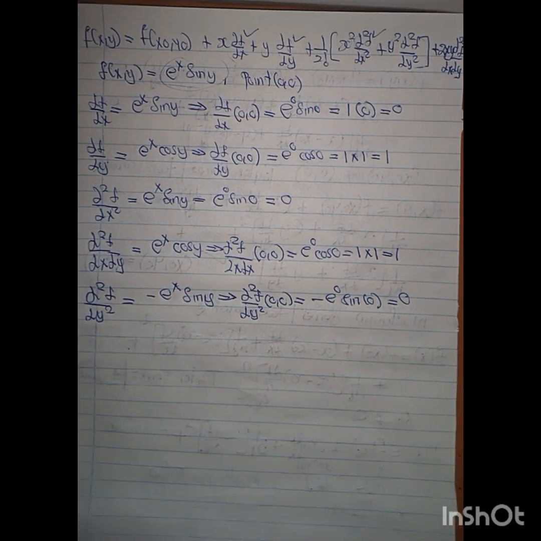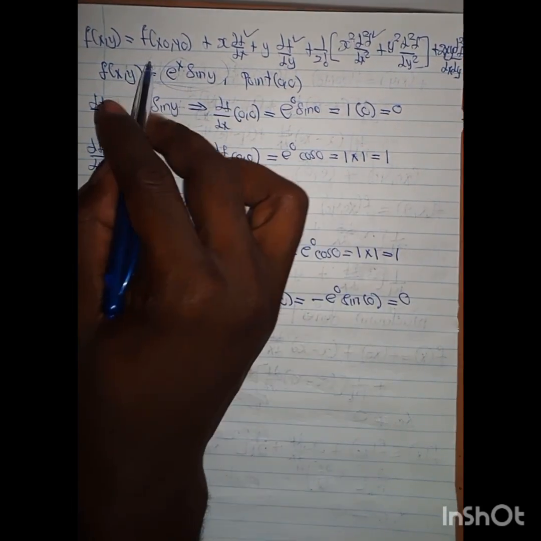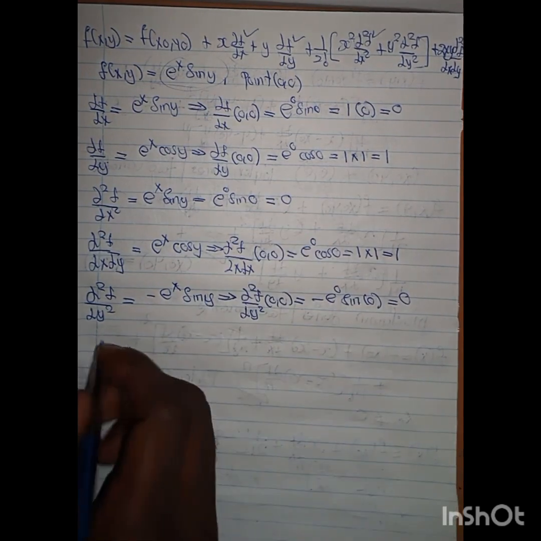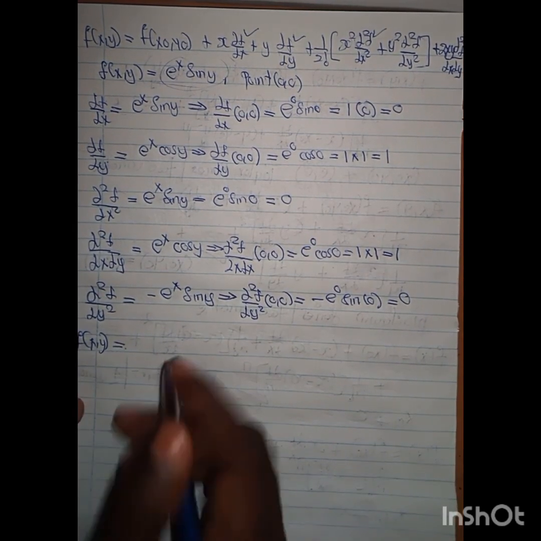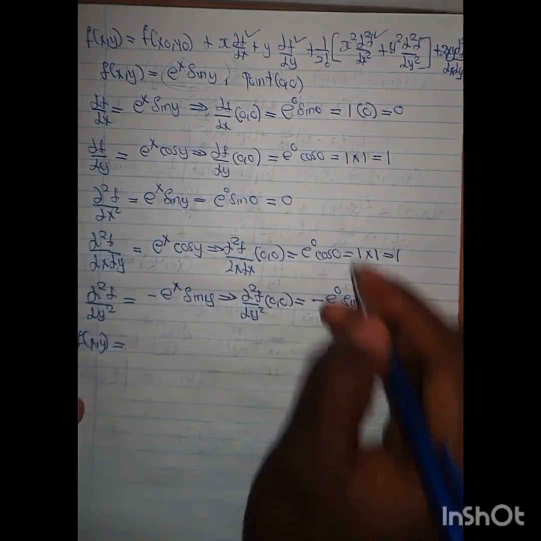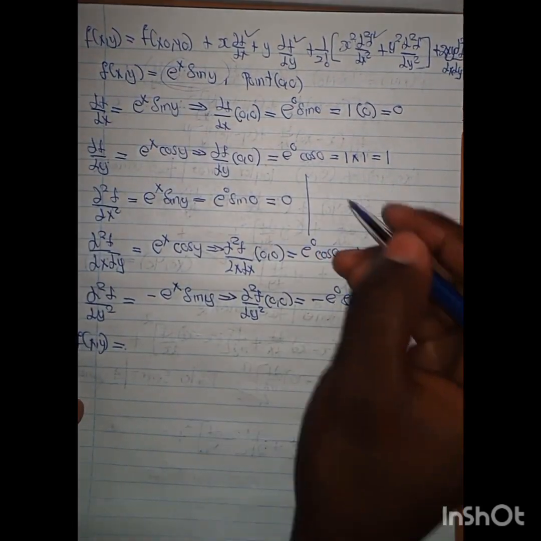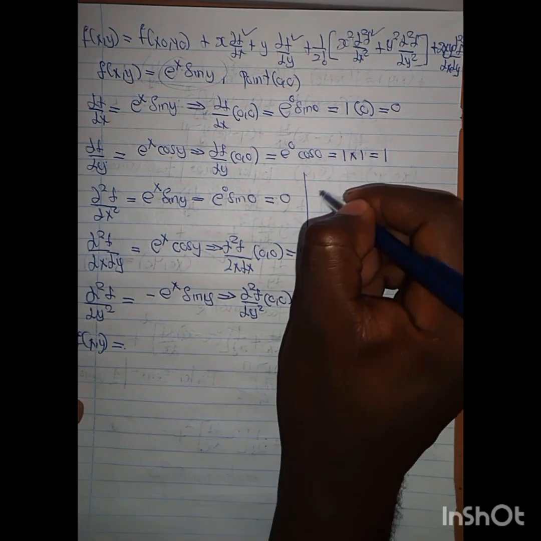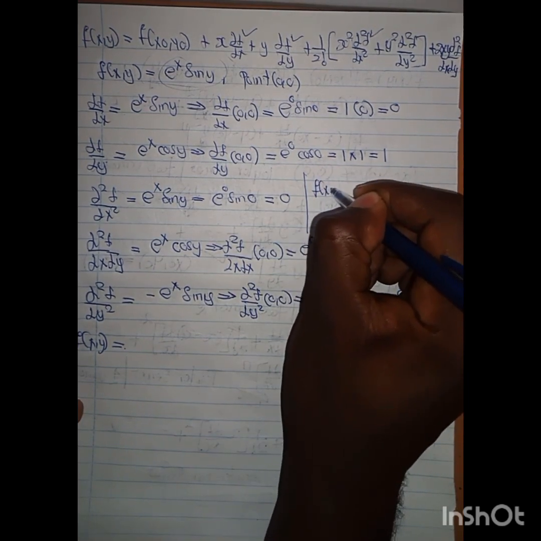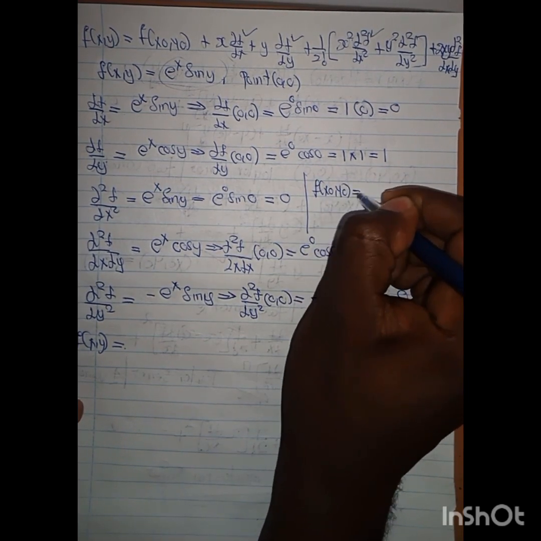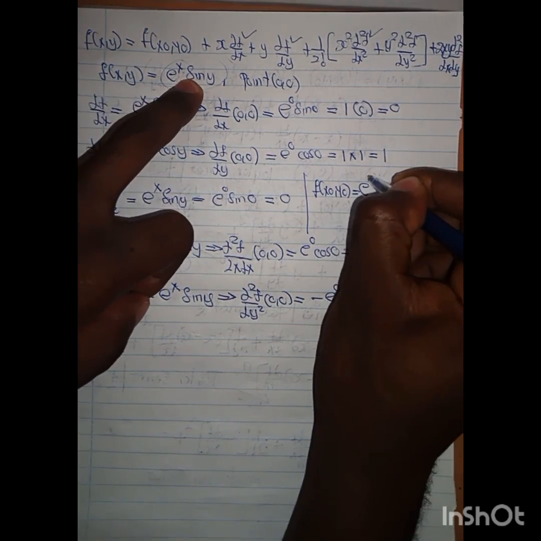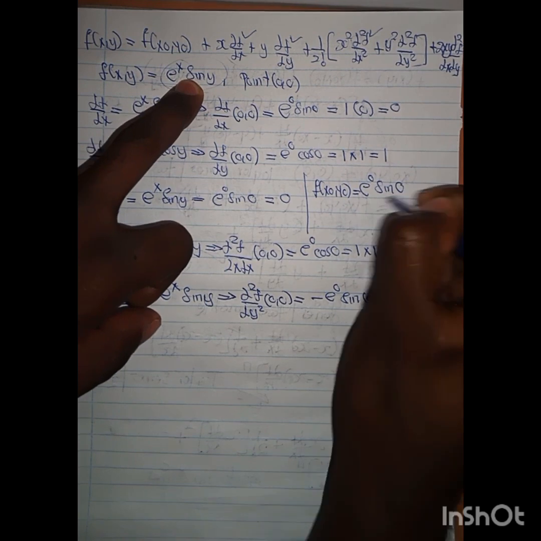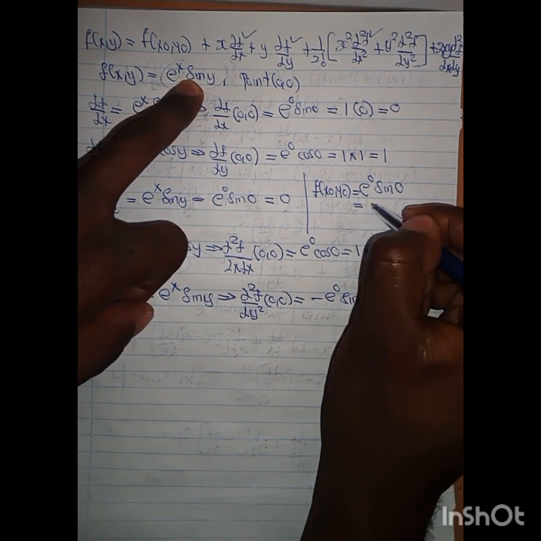From now we can substitute these values into our equation. f of x y is f of x naught y naught. This one is found by substituting the point into the original equation. So e to the 0, sin of 0. The sin of 0 is 0.